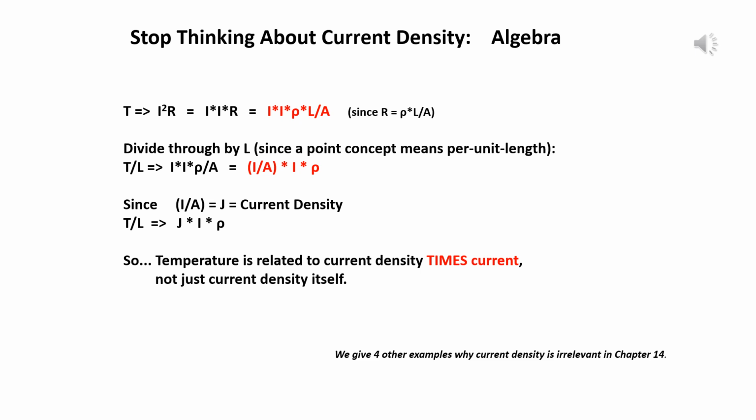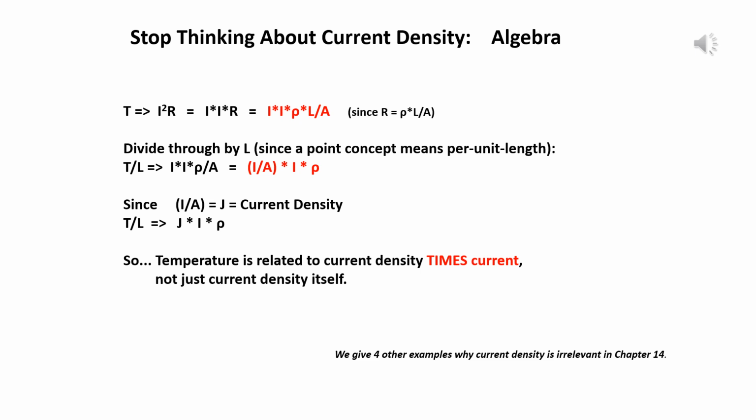On the second line, if we divide through by L, we get the temperature of a trace divided by L, which is the temperature per unit length, which is appropriate because temperature is a point concept at a point along the length of the trace. We get that the temperature per unit length of a trace is related to I times I times rho divided by area.